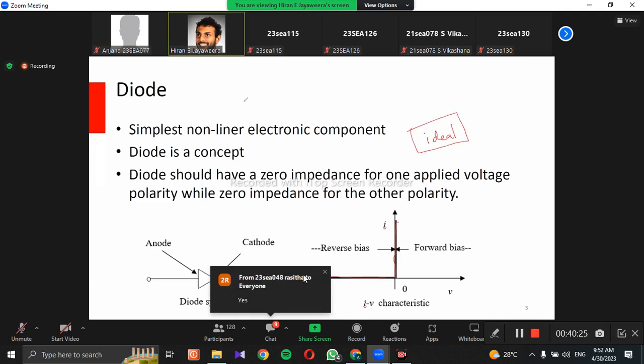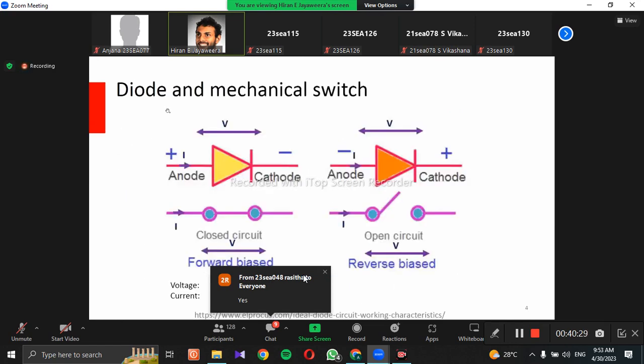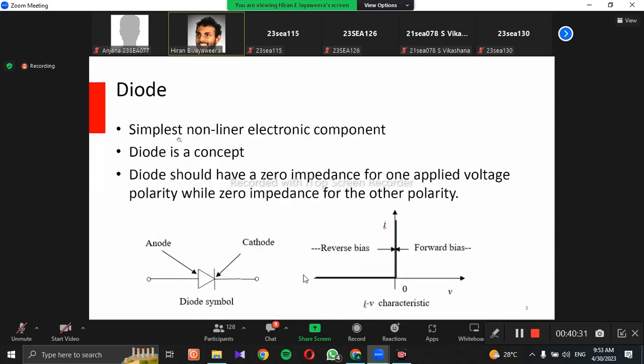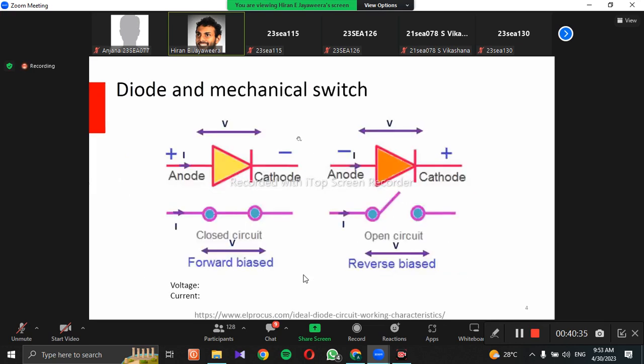After that, people started hunting different things and came up with the idea: why don't we use a PN junction as a diode? We'll come to that shortly. Now, when the diode is forward bias, ideal diodes don't have barrier potential, so they simply conduct.